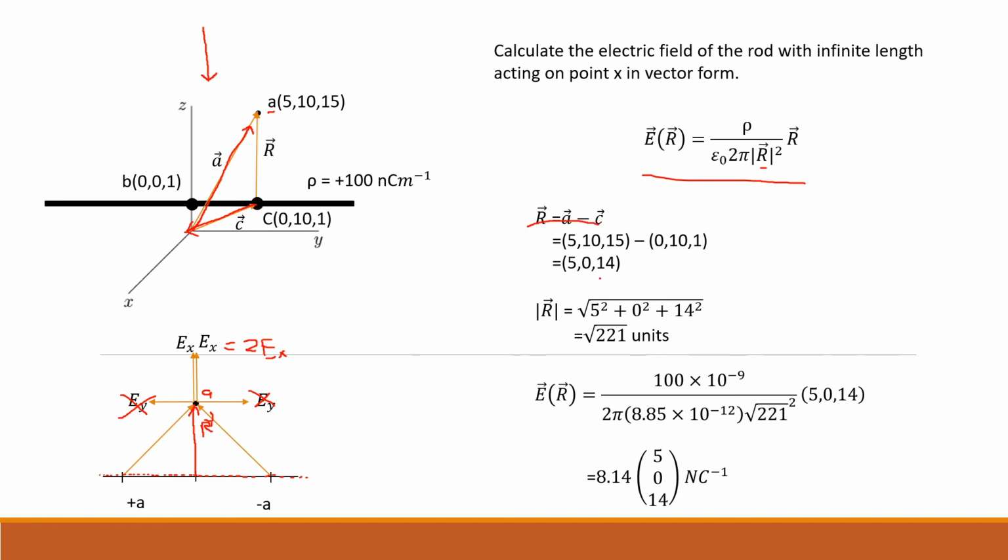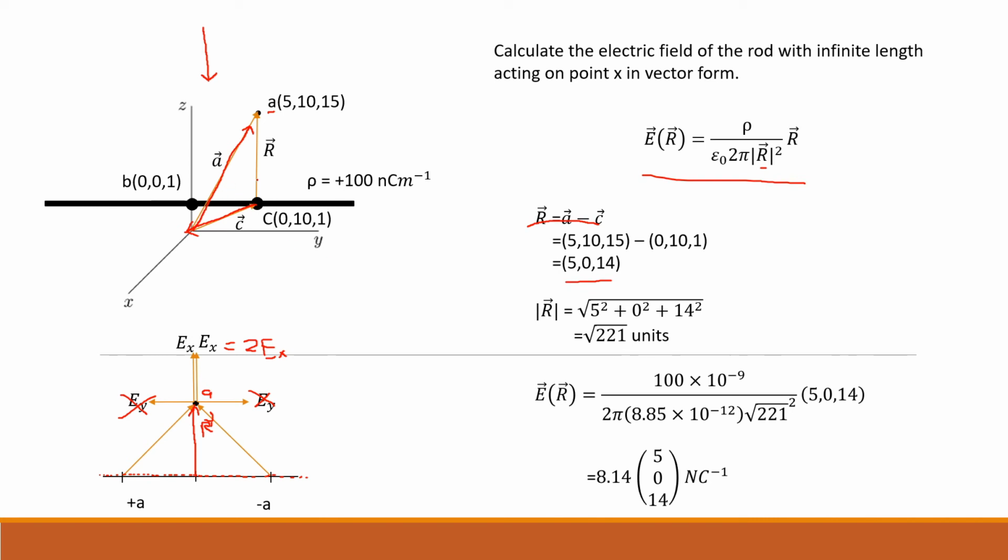If we substitute in all the parameters here, we get the vector 5, 0, 14 for the R vector, and hence we can easily find the magnitude of the R vector, which is root 221 units.